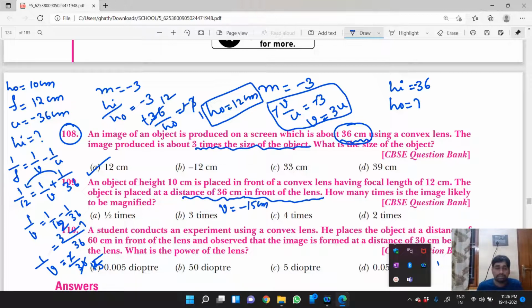They are asking for the magnification. For that, hi by ho is equal to minus v by u.